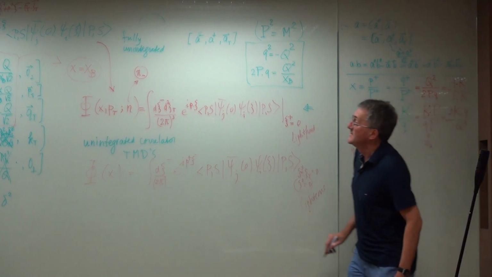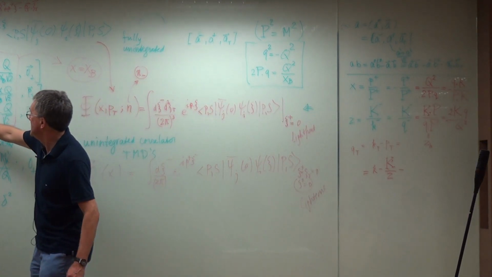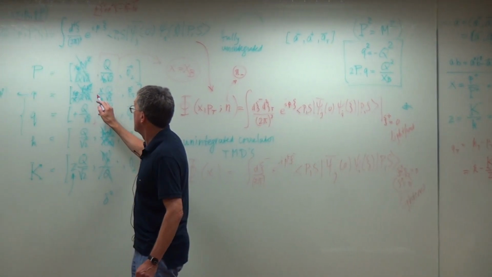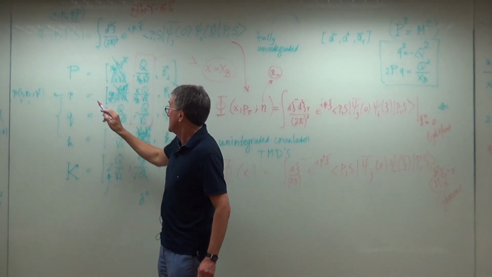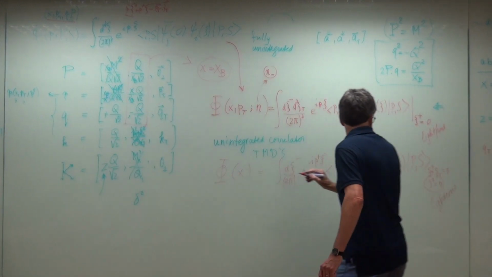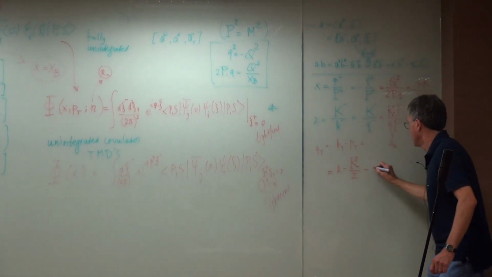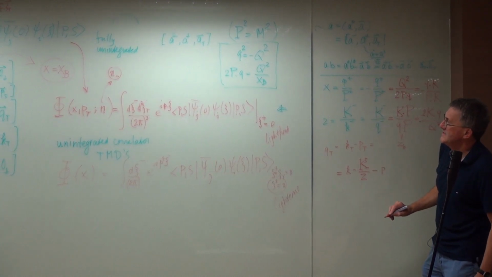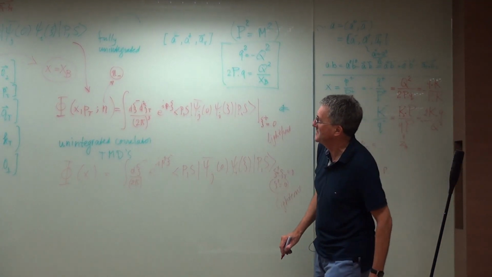PT is equal to P, and then I have to subtract this component, but that component is X times the proton. So I have to subtract minus P, and then minus the other component.